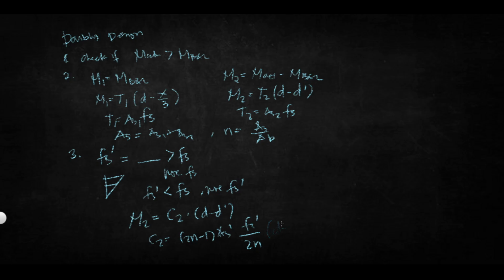Diba? Kinukuha po natin yung C2, ito yung magiging form. So using this, okay, makukuha po natin yung AS prime. Makukuha po natin siya, and then makukuha natin yung N number of bar sa compression side, AS prime or AP.